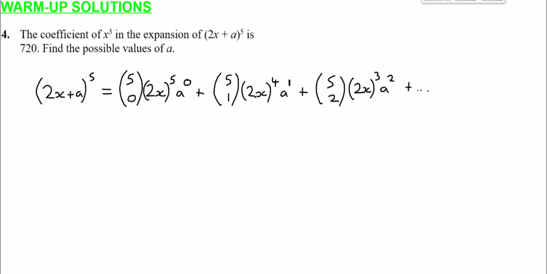But the only thing that matters really is the coefficient of x cubed. So the coefficient of x cubed will be from this term here. So the coefficient of x cubed we're told is 720.